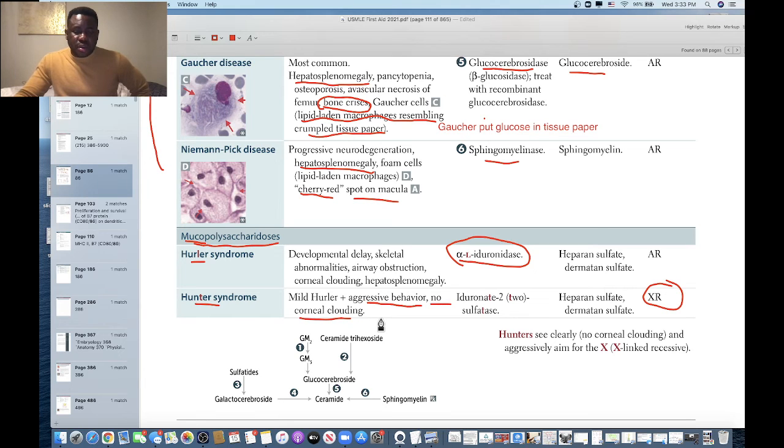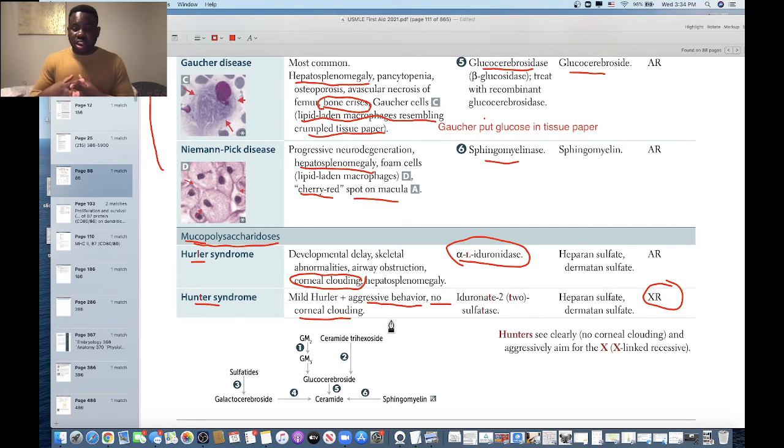Because for a hunter to be able to aim at an animal to kill it, if it has corneal clouding, how can it see the animal? So Hunter has no corneal clouding, whilst Hurler has corneal clouding. That is how I differentiate it, and I'll always get my answer correct. Once I see corneal clouding, I know it's Hurler, because a hunter with corneal clouding cannot be a hunter. You need to be able to see the animal to target it.